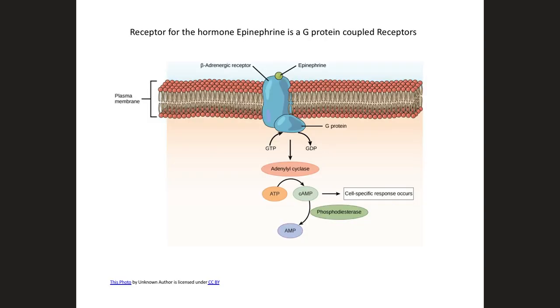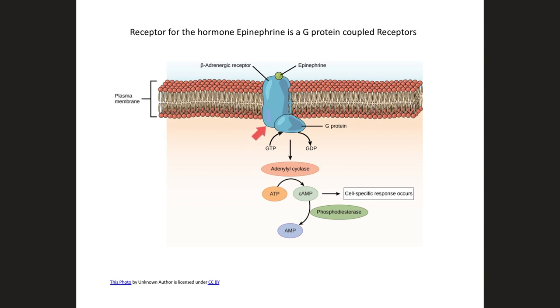An example of a G protein coupled receptor is the receptor for the hormone epinephrine, and you're going to meet epinephrine quite a lot. This is the beta adrenergic receptor for epinephrine. When epinephrine binds to the receptor, the G protein alpha subunit dissociates from the receptor, although this detail is not shown here.